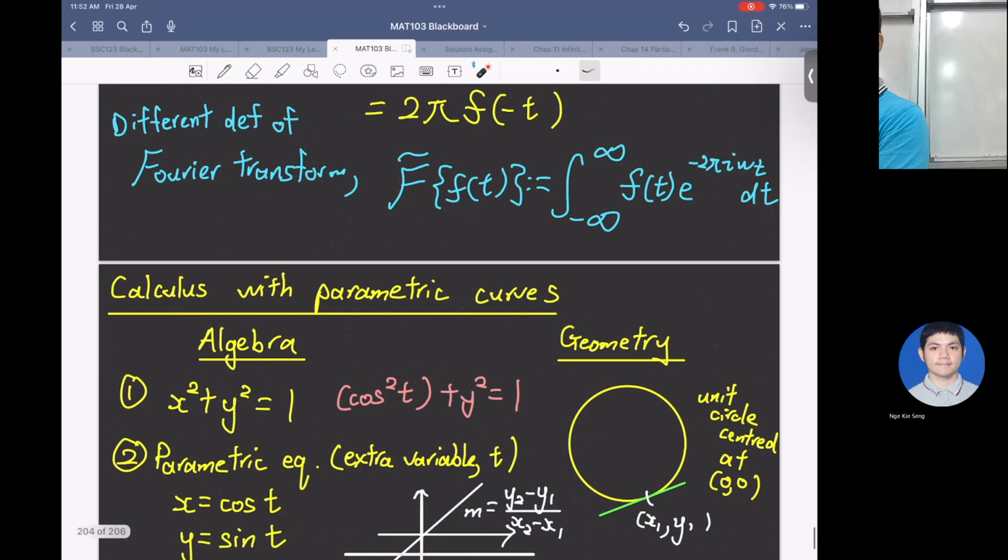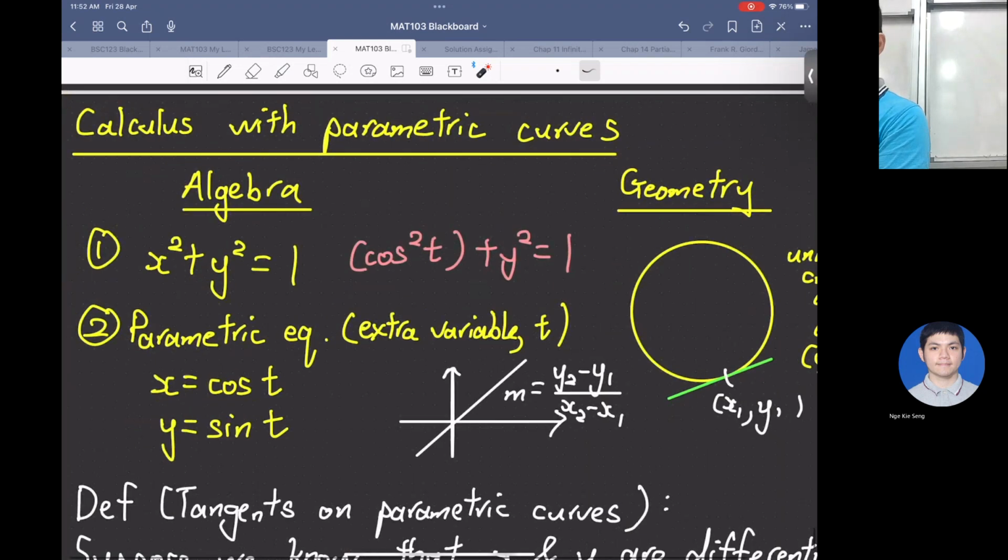But again, in our setting of parametric curves, you can see that this is not a function. So you cannot straight away differentiate. Maybe you can use implicit differentiation. But another thing you need to note here is this is still not a function. Is it a function?